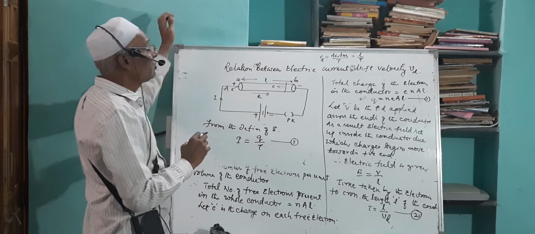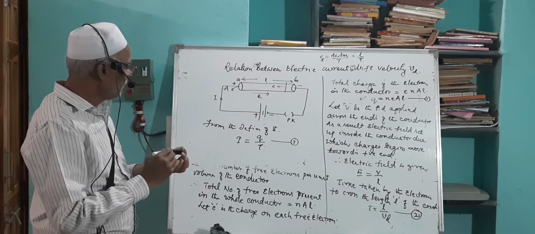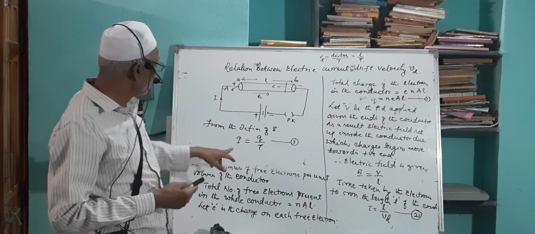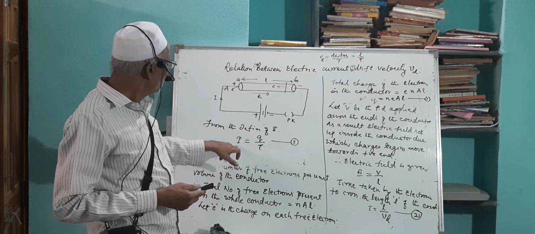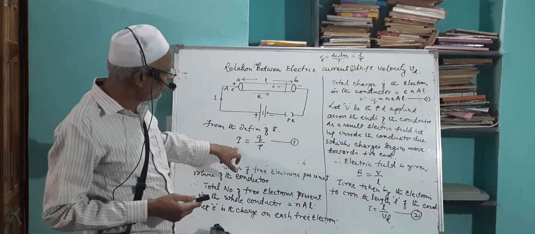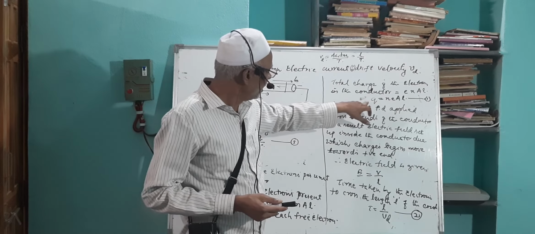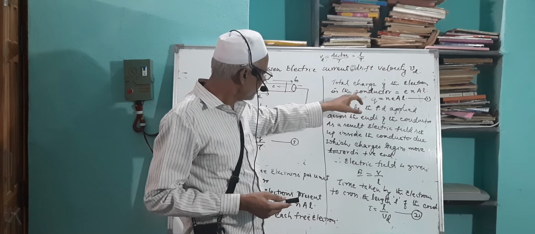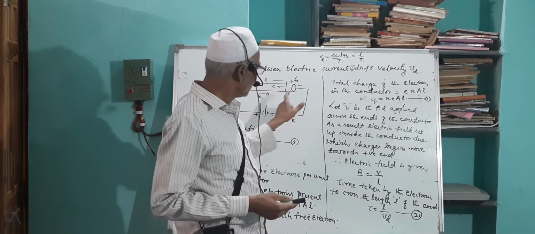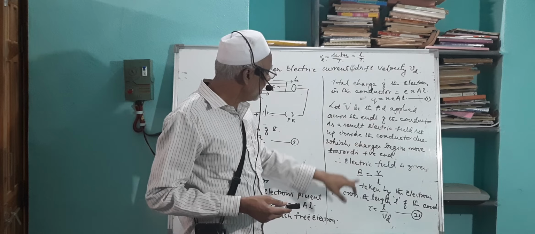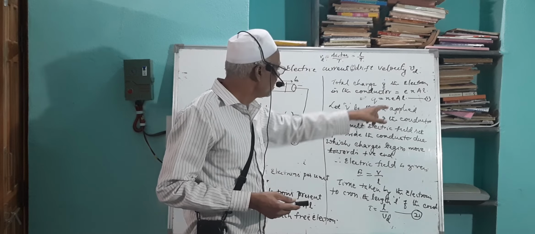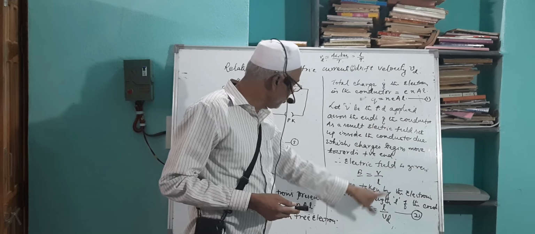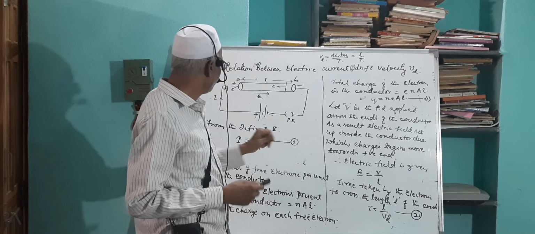In order to get an expression for I, you have to substitute the total number of charges present in the conductor, that is Q, from equation 1, and the time from equation 2, into equation 3.